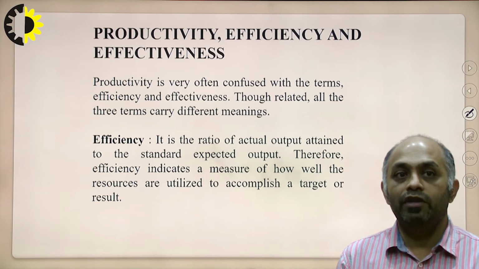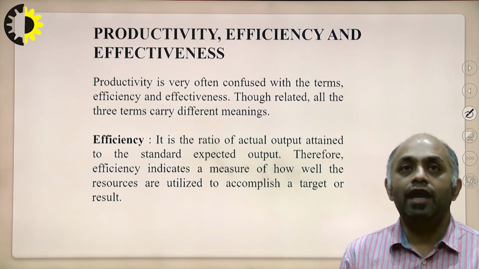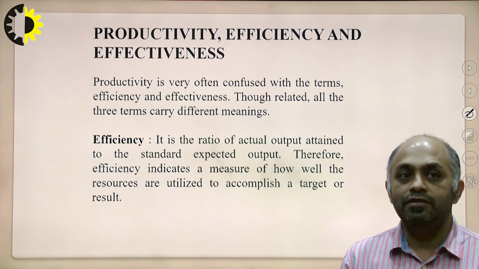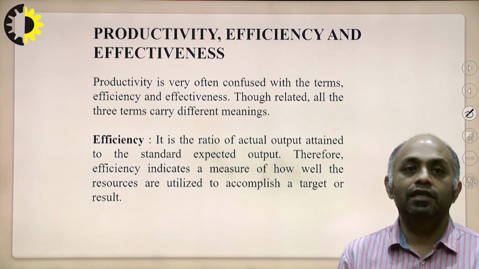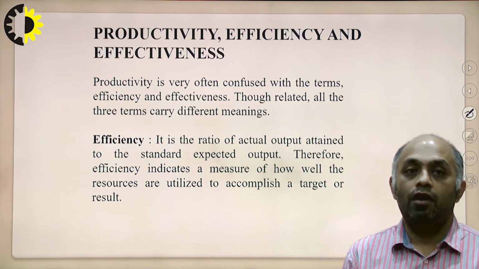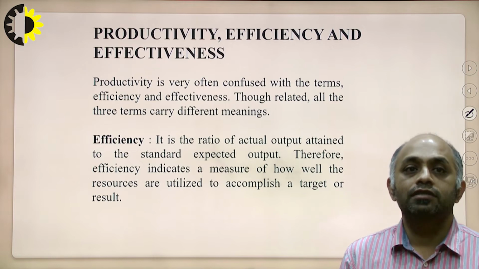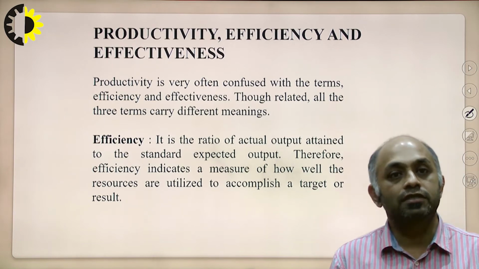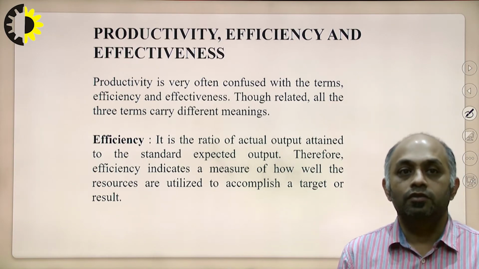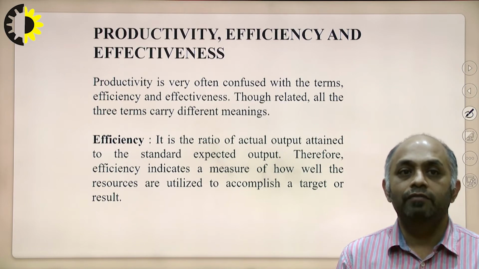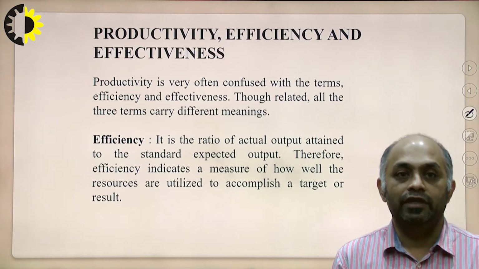These terms are correlated with productivity, but how it is correlated is never explained, and never understood by lots of people. So we will take this up, and then proceed to the measurement techniques.